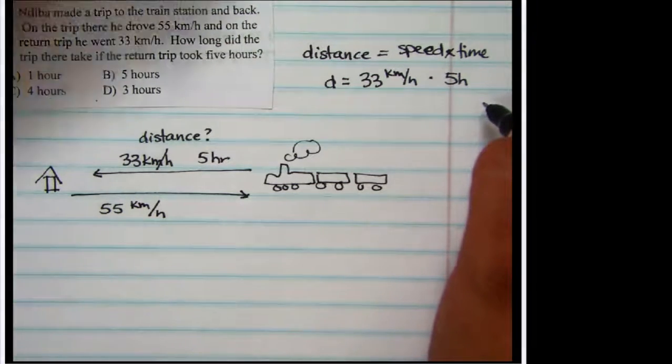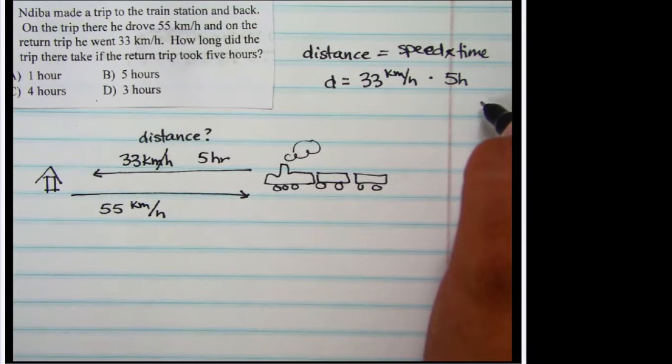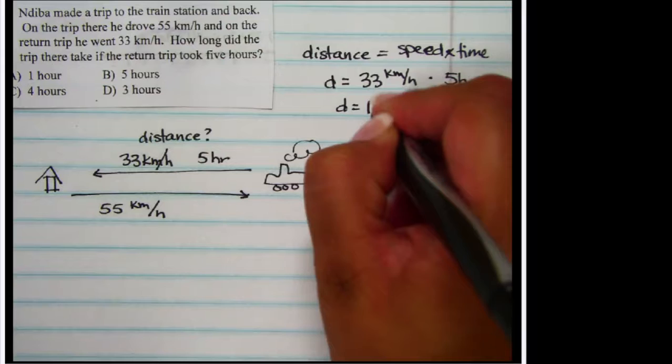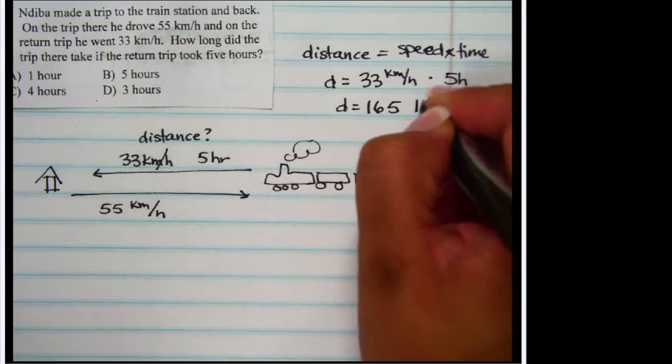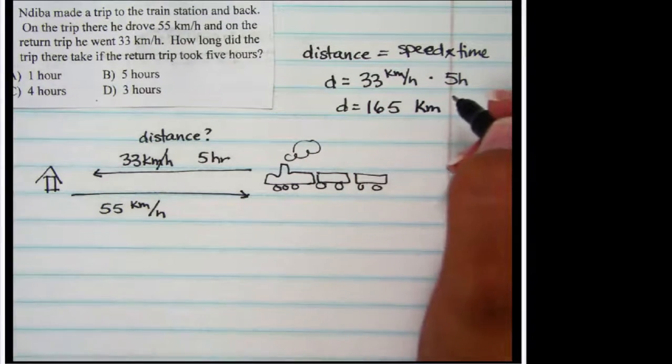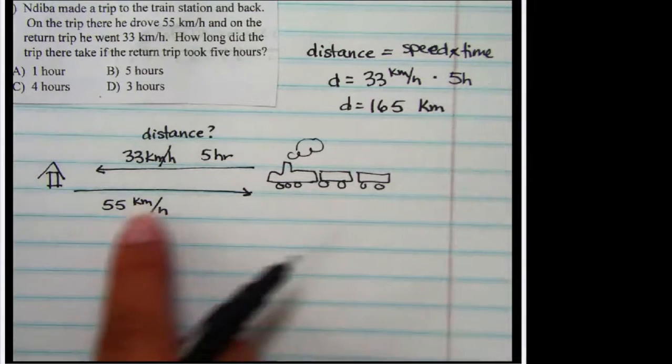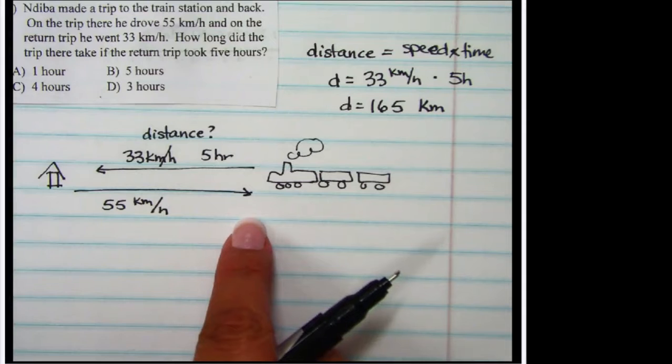Using my handy dandy calculator to help me with the multiplication, 33 times 5 comes out to be 165 kilometers.